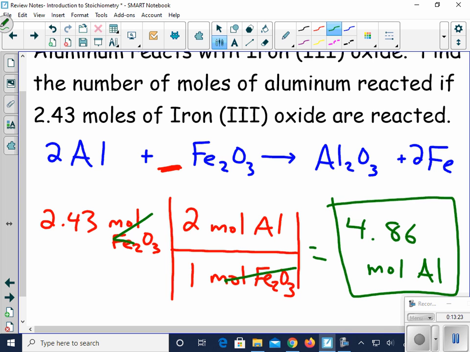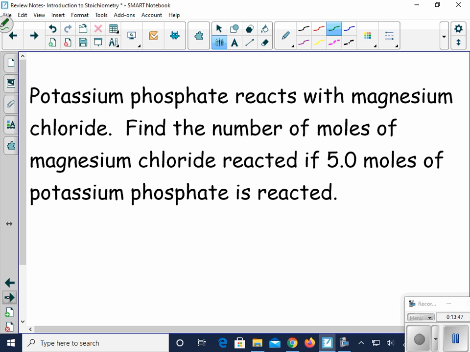So if I have 2.43 moles of iron 3 oxide, I need to have 4.86 moles of aluminum to react with that. We okay thus far? All right, we got one more to do, one more example to work. So go ahead and copy this example into your notes, and then we'll roll with it.